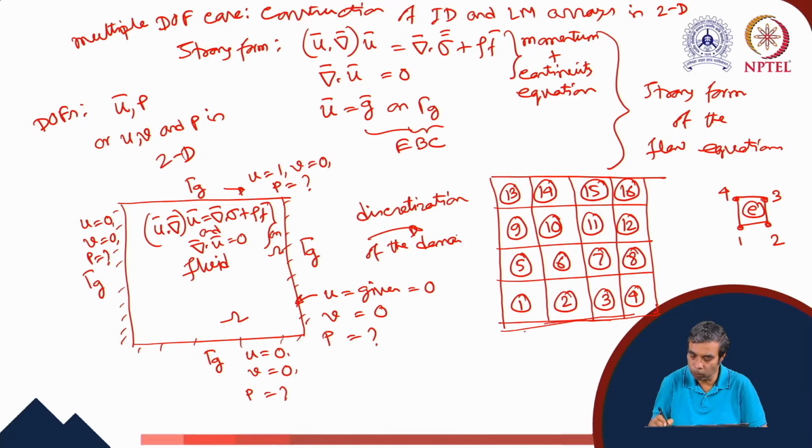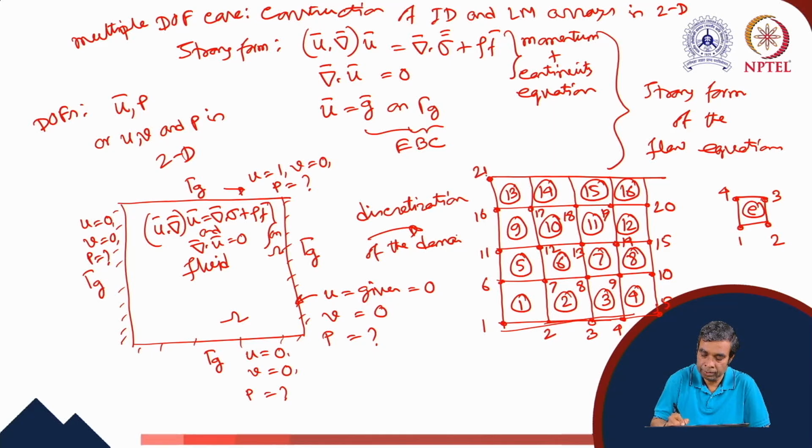Now I number the global nodes: global nodes 1, 2, 3, 4, then 5, 6, 7, 8, 9, 10, 11, 12, 13, 14, 15, then 16, 17, 18, 19, 20, 21, 22, 23, 24, and the final node is the 25th.